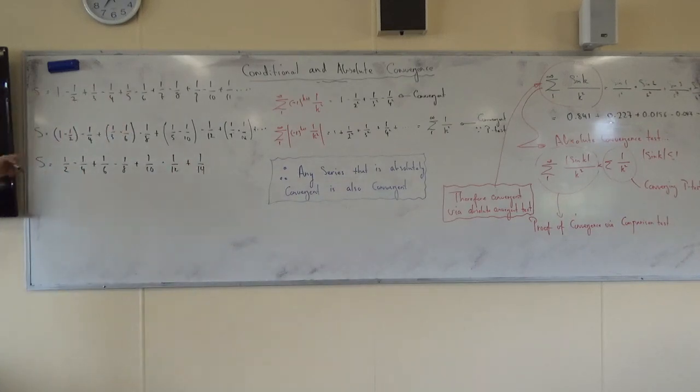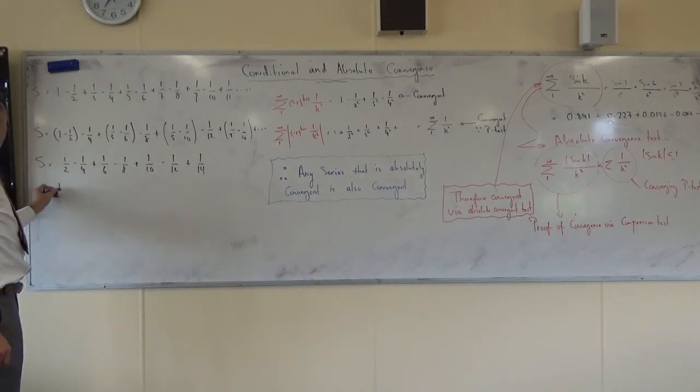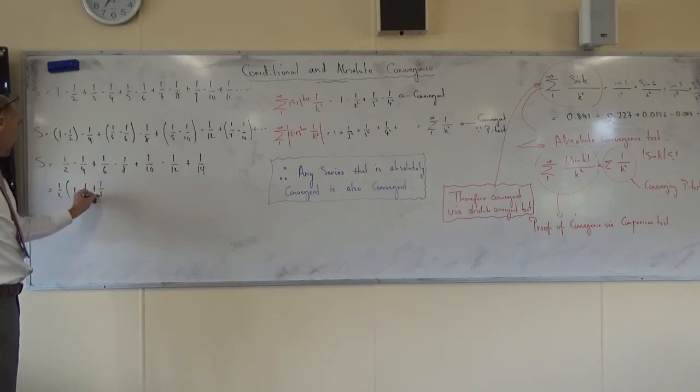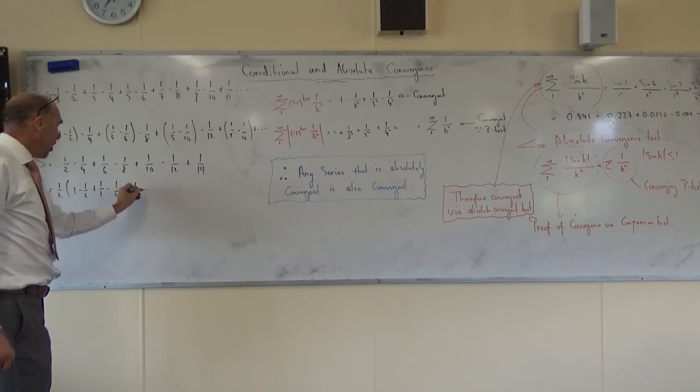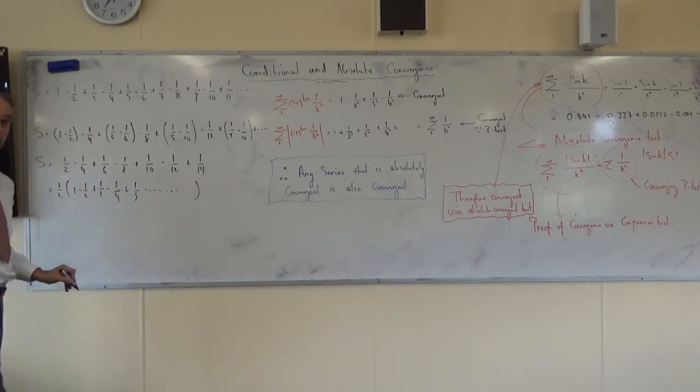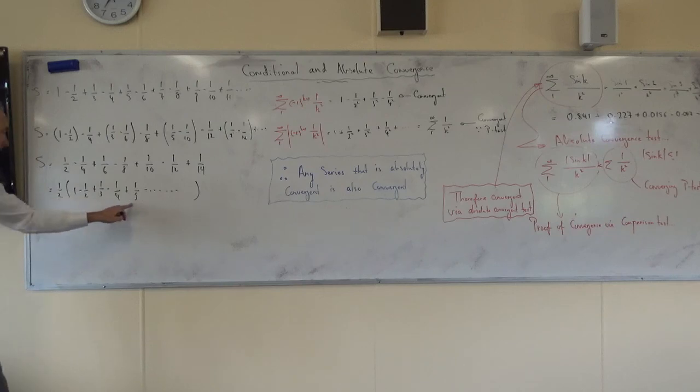Cool? Let's take a half out from that series. A half, 1 minus a half, plus a 1/3, minus a quarter, plus a 1/5, minus and so on. Agreed? What's this equal to? S. So S equals a half S.